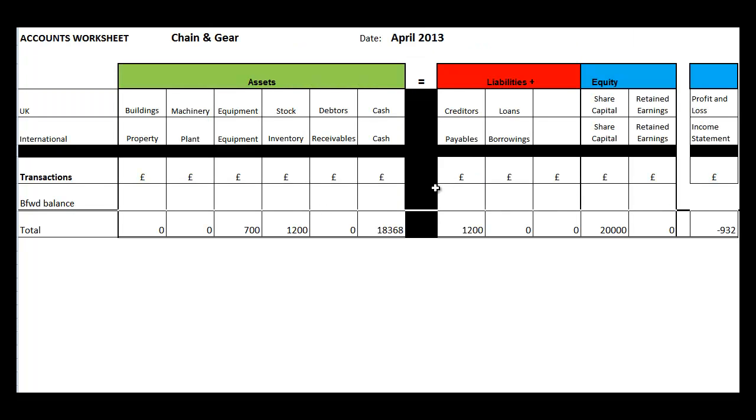So here we can see they've got equipment of £700, stock or inventory of £1,200, cash of £18,368, creditors or payables of £1,200, share capital of £20,000, and a loss for April of £932. We now pick up those balances and transfer them to the statement of financial position.